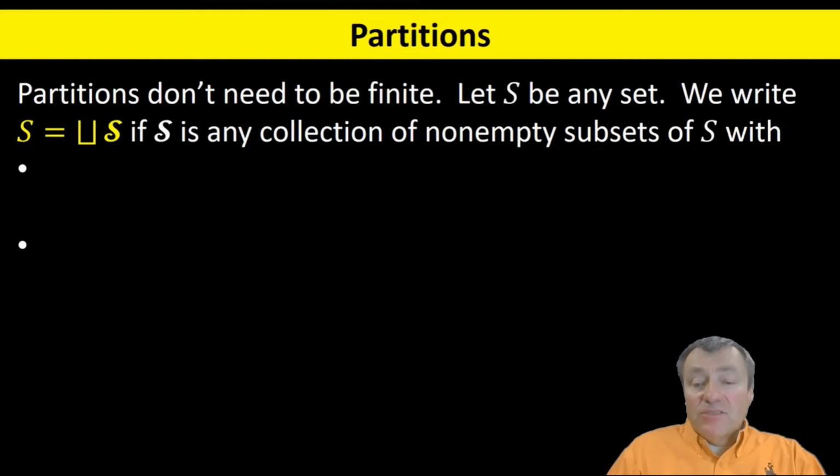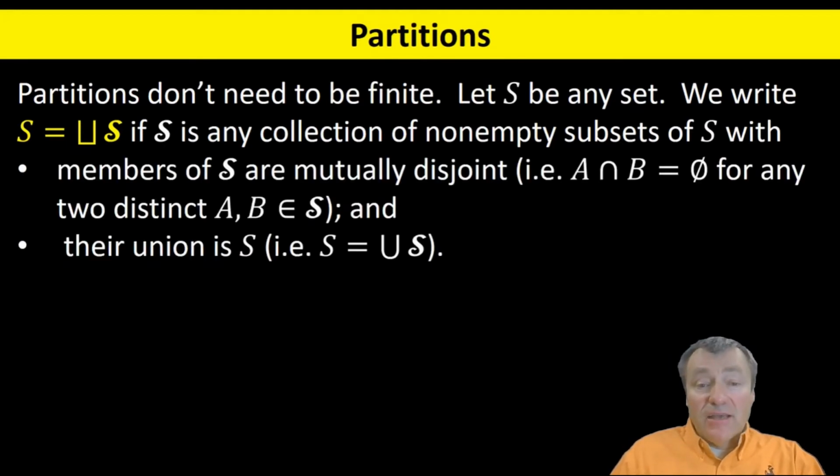Now, a partition of S is a collection, script S, of subsets of S, usually non-empty subsets, such that any two of the parts are disjoint, which means they don't overlap. So they're mutually disjoint, we say, and their union is all of S.